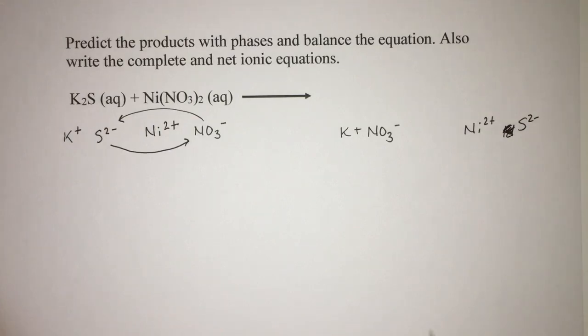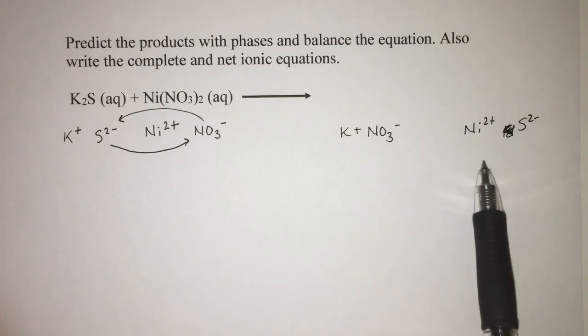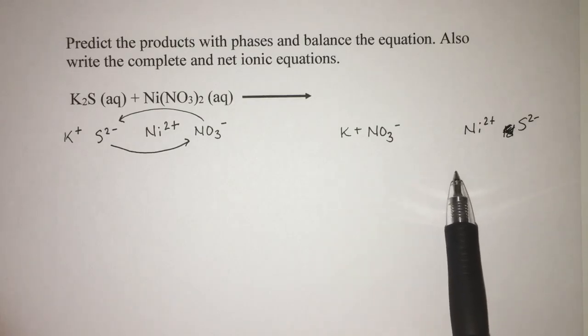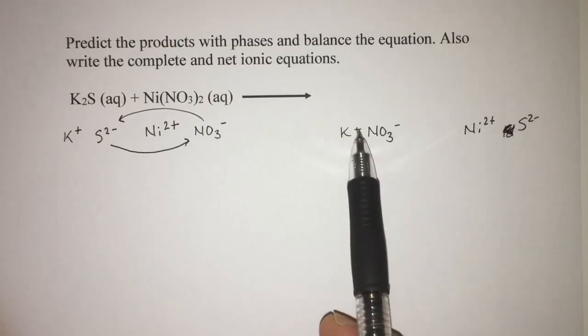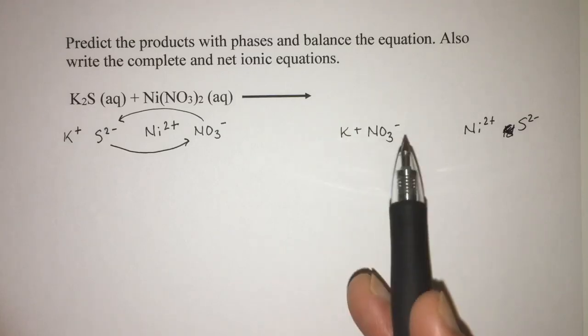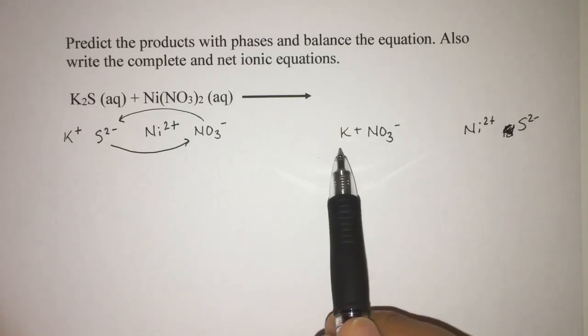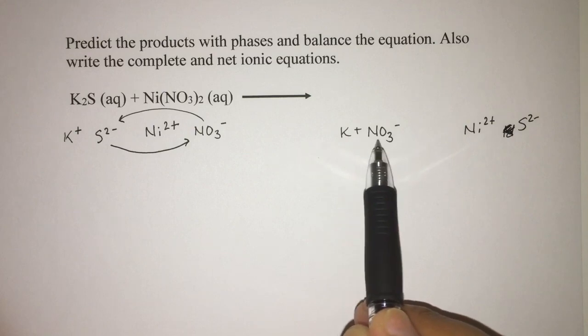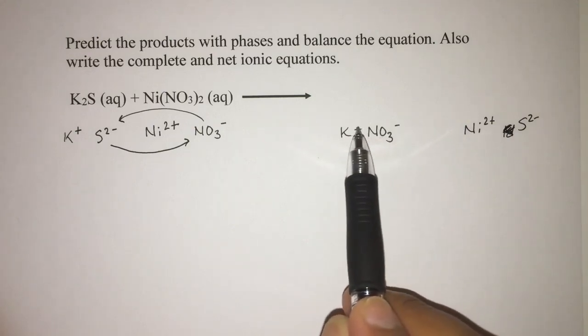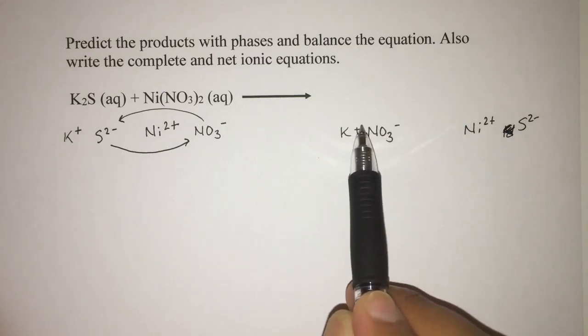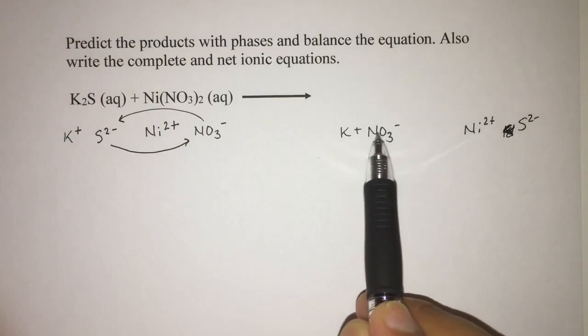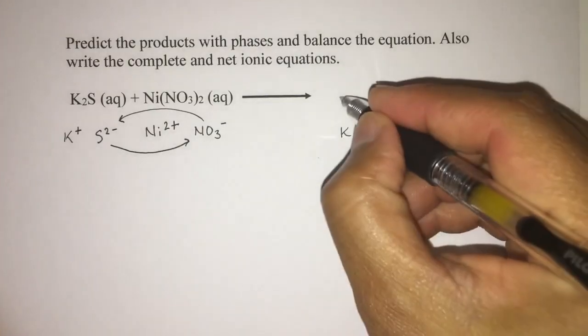So now that we identify the ions present on the product side, let's go ahead and write those formulas. The formula for the first product is K plus NO3. We want to write that formula where the charges balance, +1, -1, so we just need one of each.